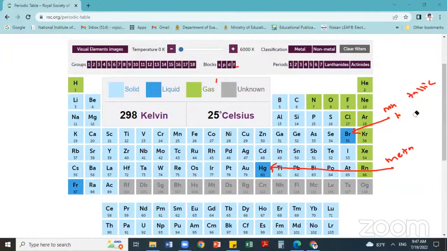I'll write it this way: liquid non-metal and liquid metal. Bromine is a non-metal, mercury is a metal. You don't need to copy down this periodic table, write separately. Liquid metal is mercury, liquid non-metal is bromine.